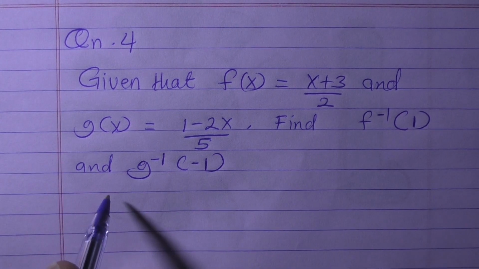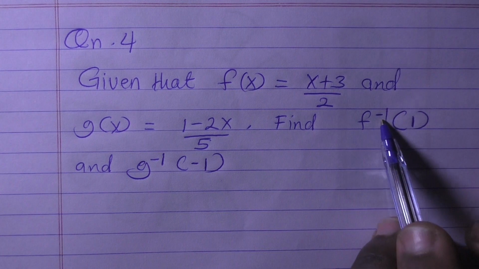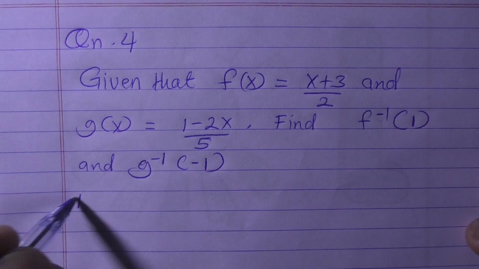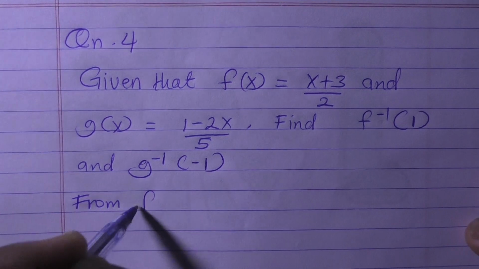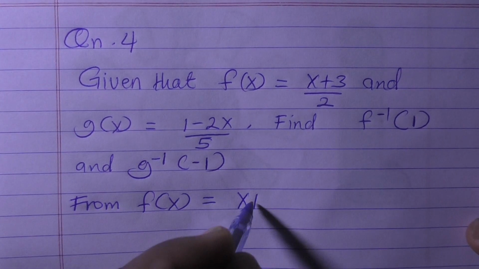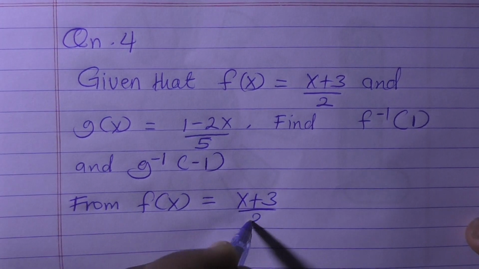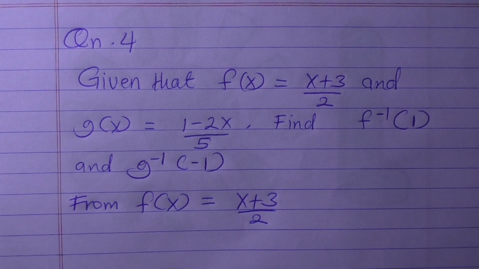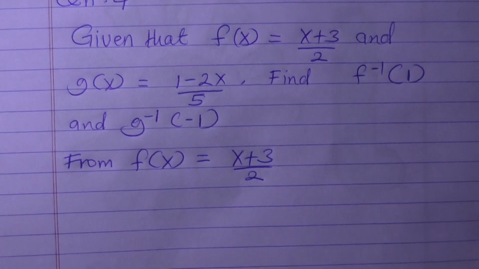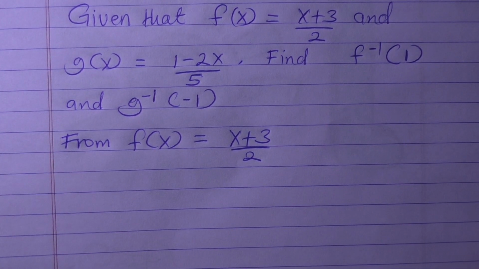However, for us to get the f inverse of 1, we shall first of all get the f inverse of x. So we shall say from the function which is f of x, which equals x plus 3 over 2, there are 3 simple steps of getting the inverse of a function.